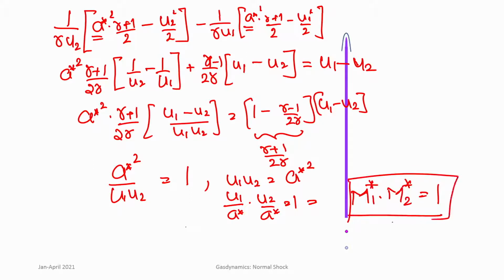So this relation is known as Prandtl's relation for the normal shock, and you can observe these algebraic manipulations, where all the equations were used simultaneously to arrive at this condition.